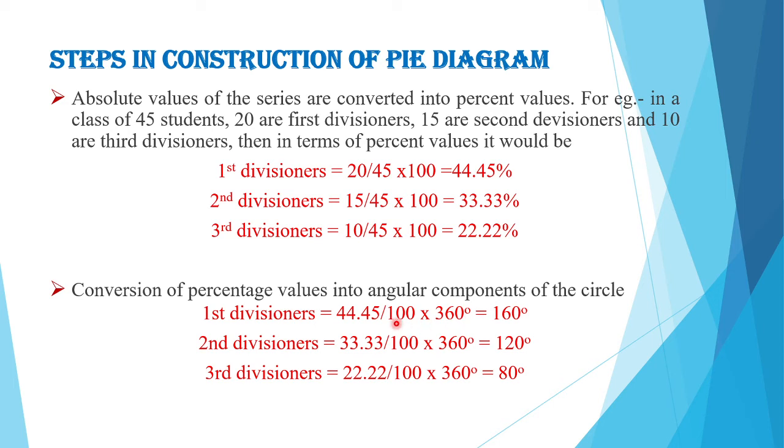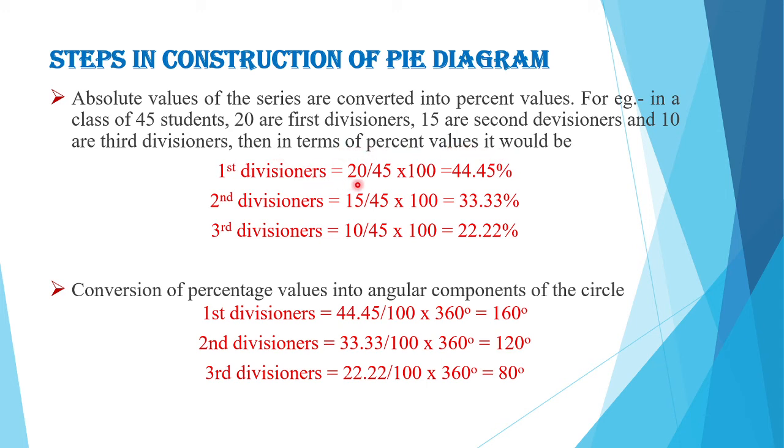Let us take the example that in a class of 45 students, 20 got first division, 15 students got second division and 10 students got third division. If we want to construct the pie diagram of the same data provided in this slide, then the first step is to convert them into percent values.